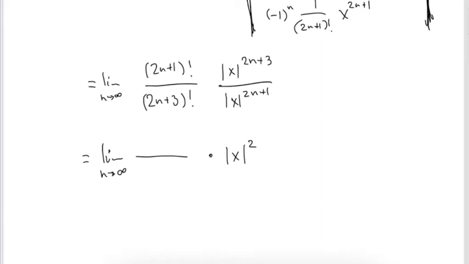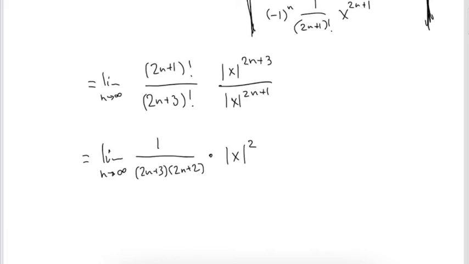All those guys on the top will cancel. You're multiplying every number up to 2n plus 1. Those also occur on the bottom. Yeah, what's left over on the bottom would be 2n plus 3, and actually also 2n plus 2, right?